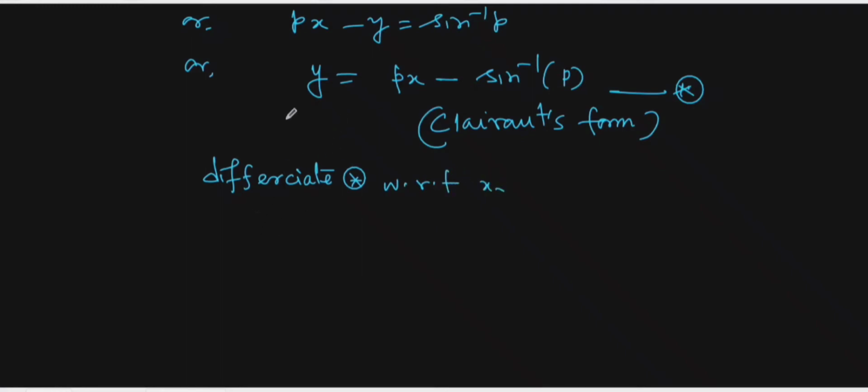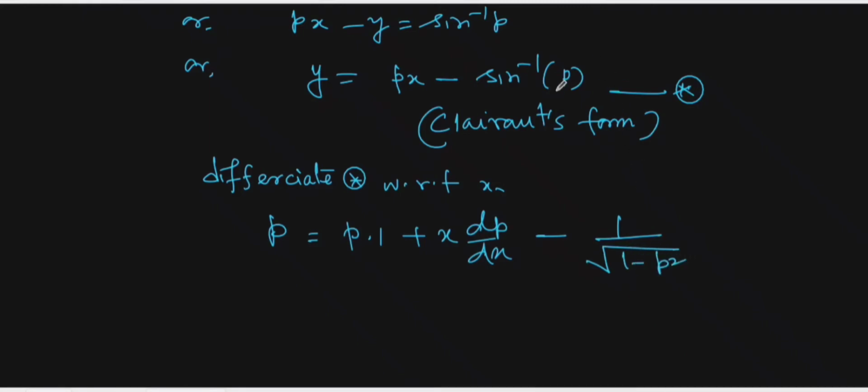What we will get? dy/dx, and that is p. So the derivative of px is p plus x times dp/dx, and minus the derivative of sin inverse p, that is 1 upon root over 1 minus p square, and the derivative of p with respect to x is dp/dx.